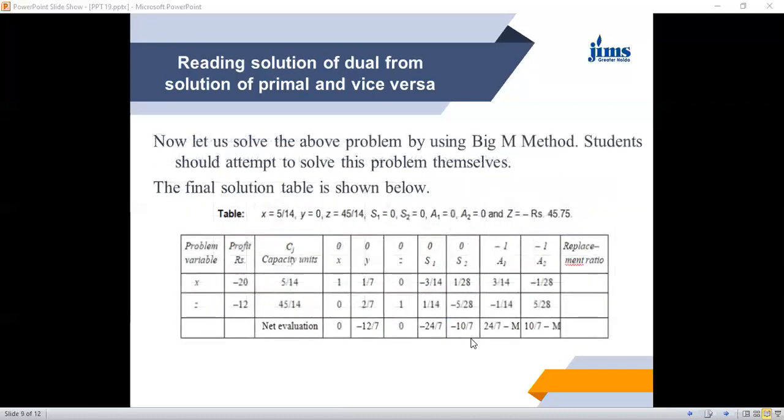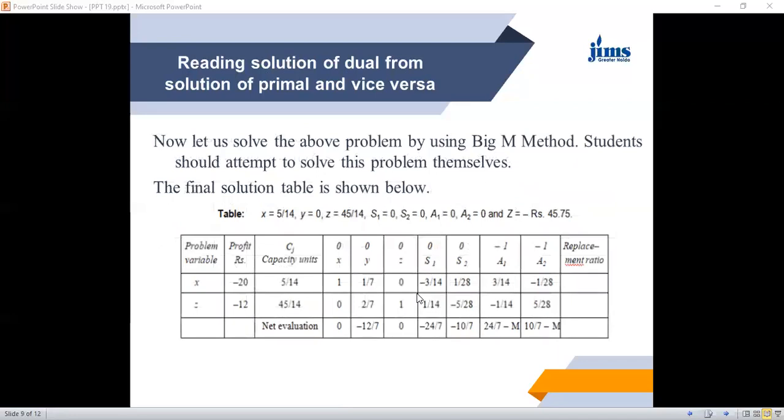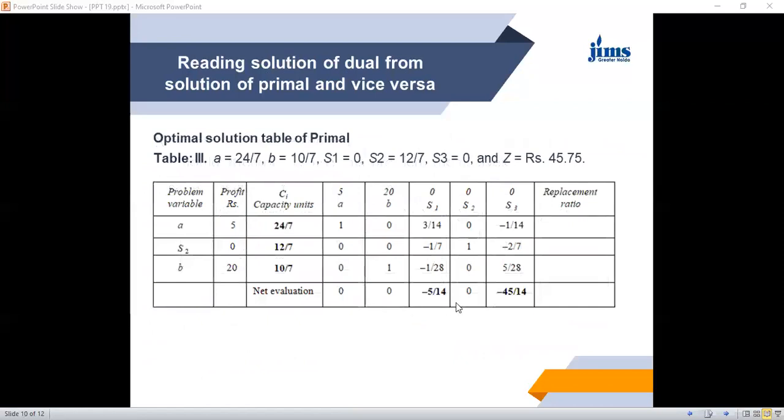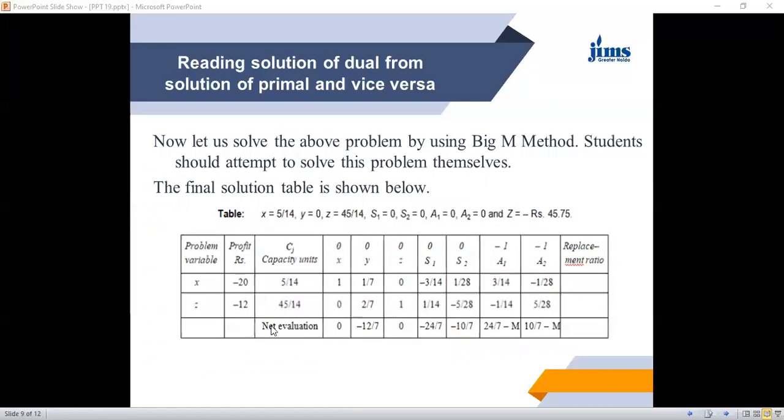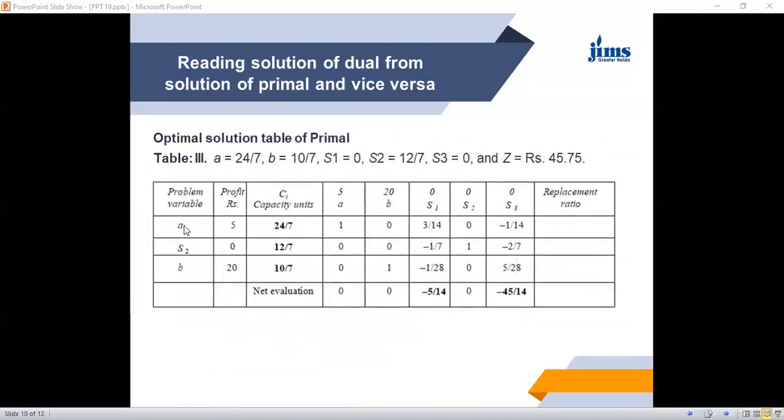This minus 10 by 7, sign change, 10 by 7 becomes B. There is no S3 here, so it will be A and B only.